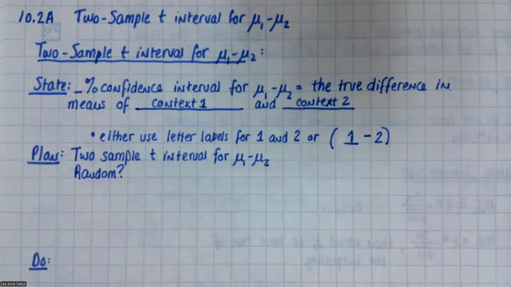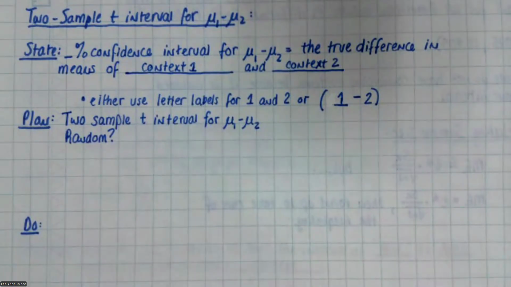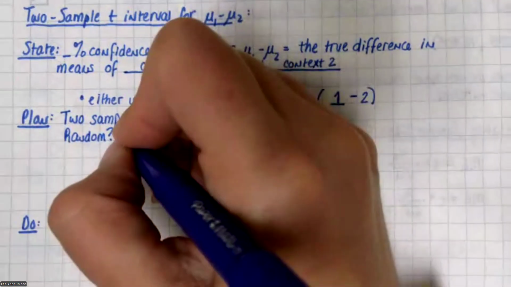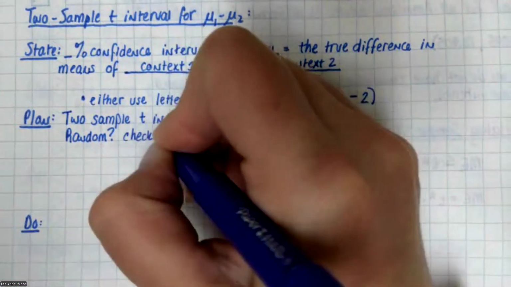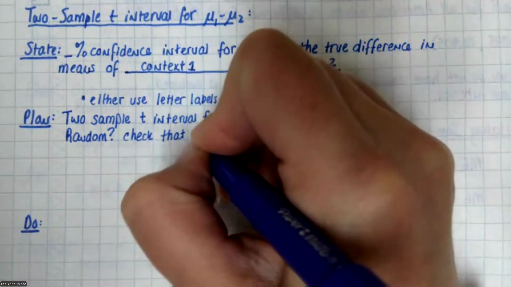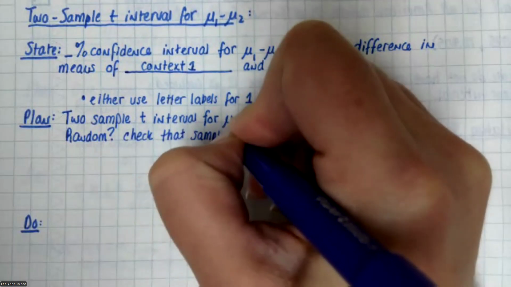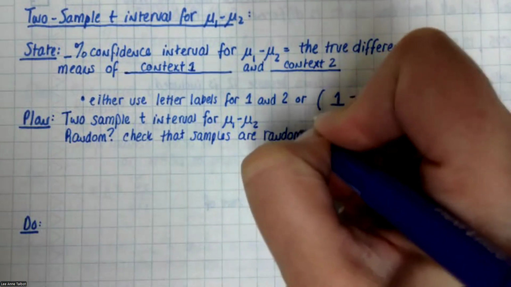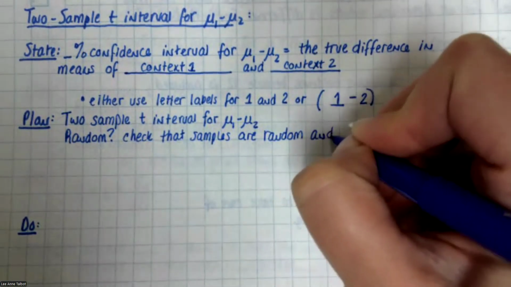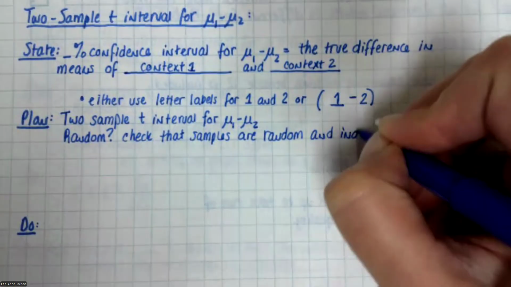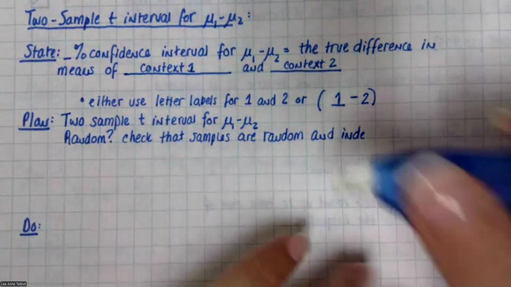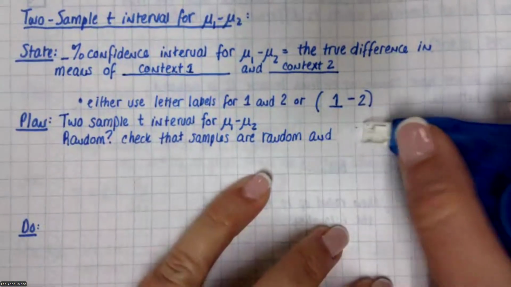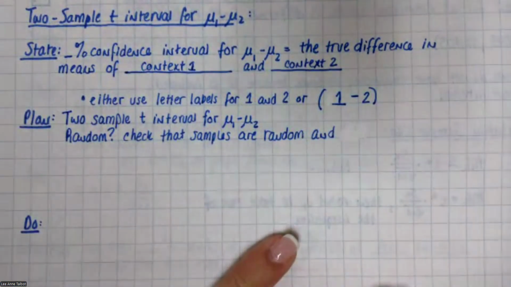Okay, so random. What's the note here? What do we need to remember about randomness when there's two samples? Yes, check. I'm not going to say independent because you're going to get confused.